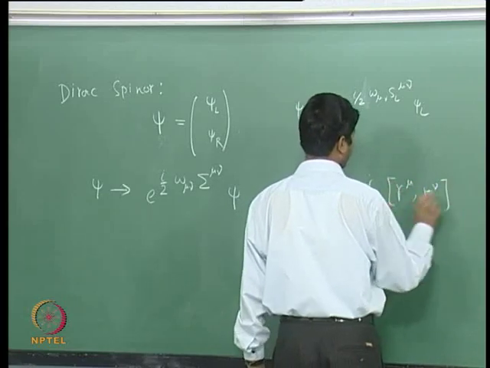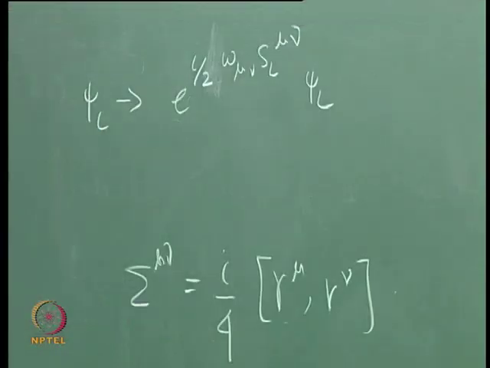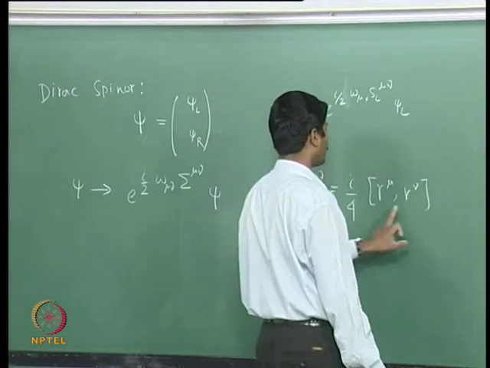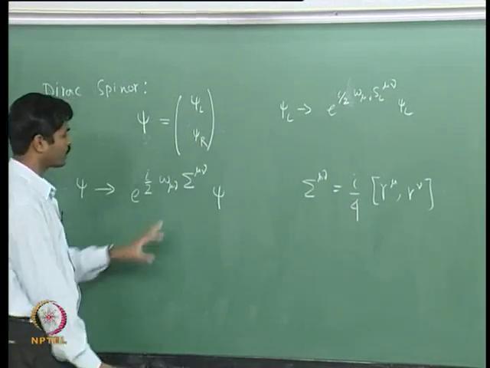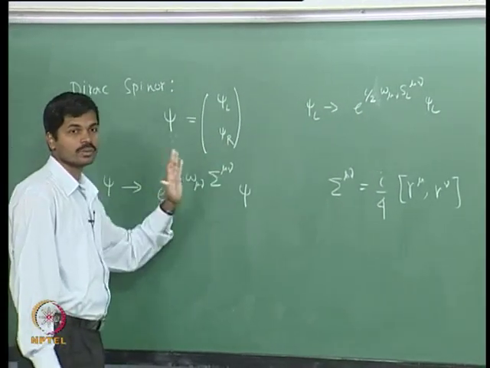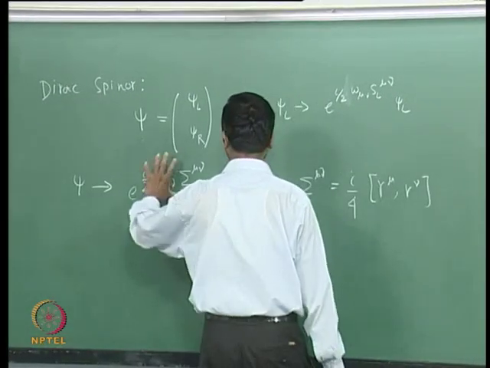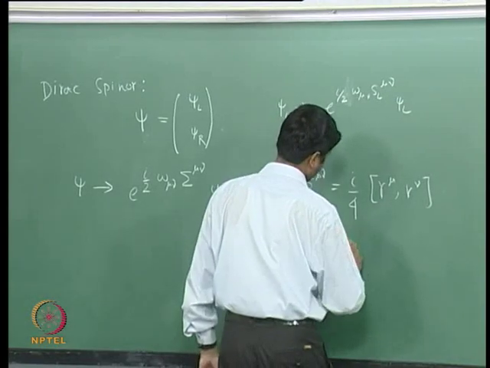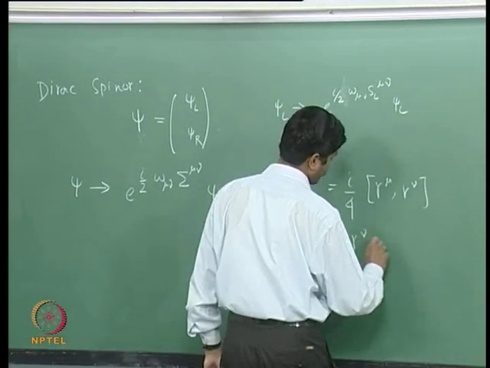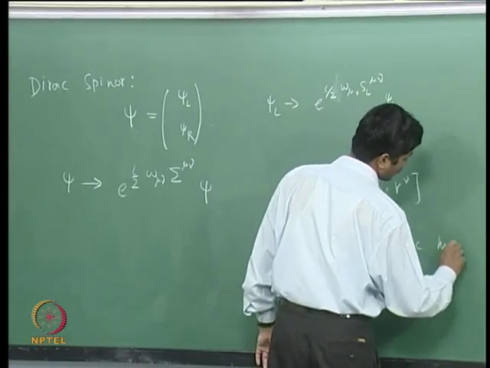Gamma mu and gamma nu are known as the Dirac matrices, and this commutator is the generator of the Lorentz transformation for the Dirac spinors.